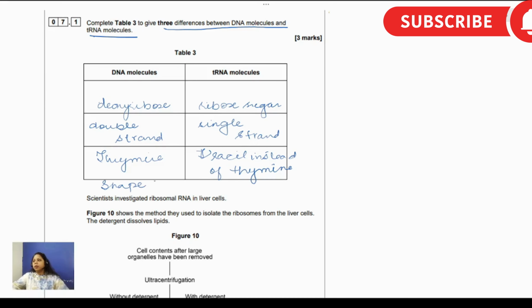This tRNA would be like a leaf, like a clover leaf. Then, what about the codons or anticodons? tRNA has an anticodon. Exactly.